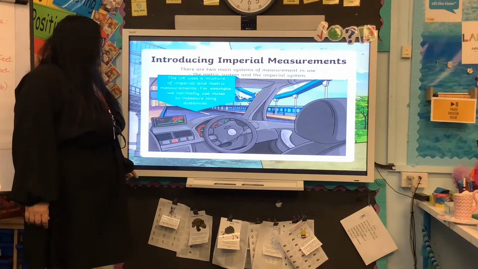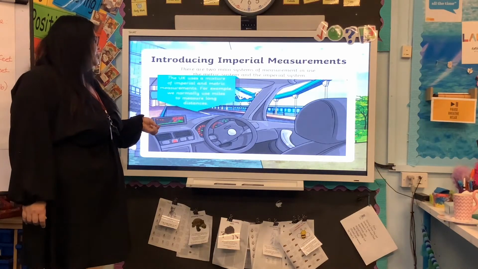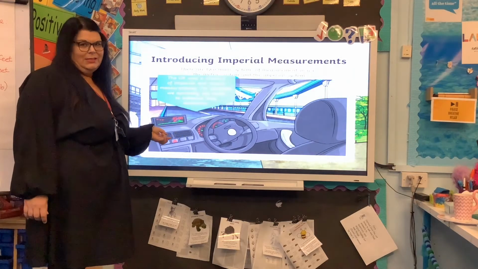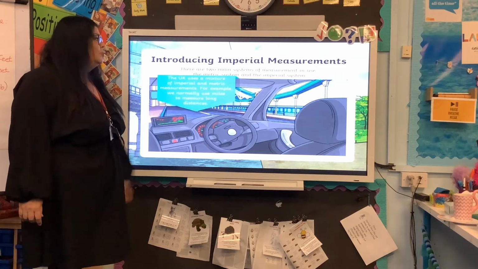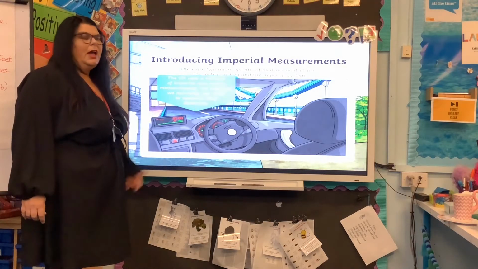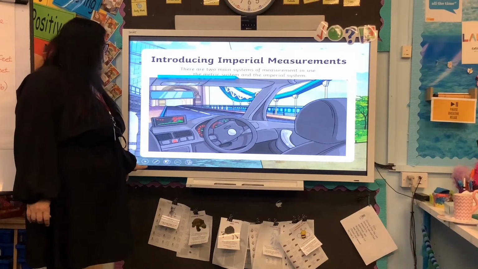So here's an example. In the UK, we use a mixture of imperial and metric measurements, but we normally use miles to measure distances rather than kilometres. So miles would be the imperial measurement and kilometres would be the metric measurement.